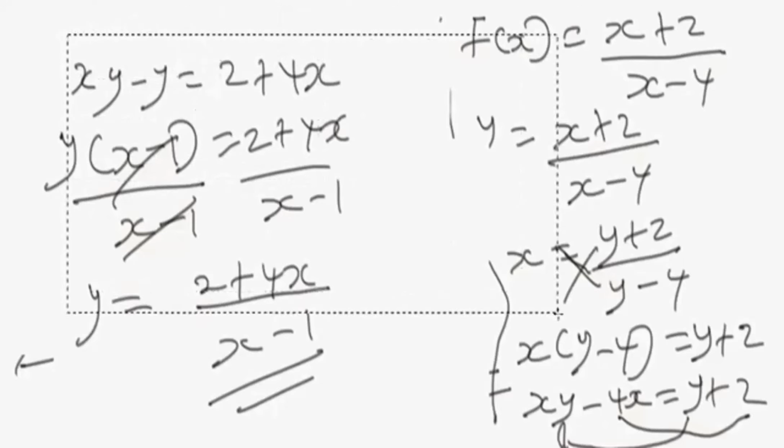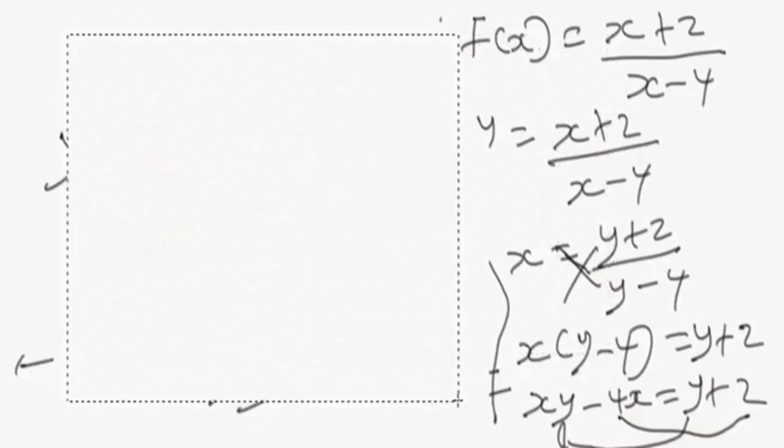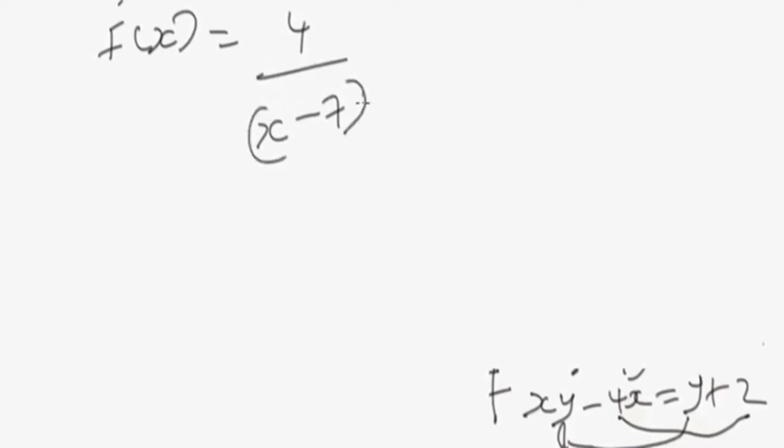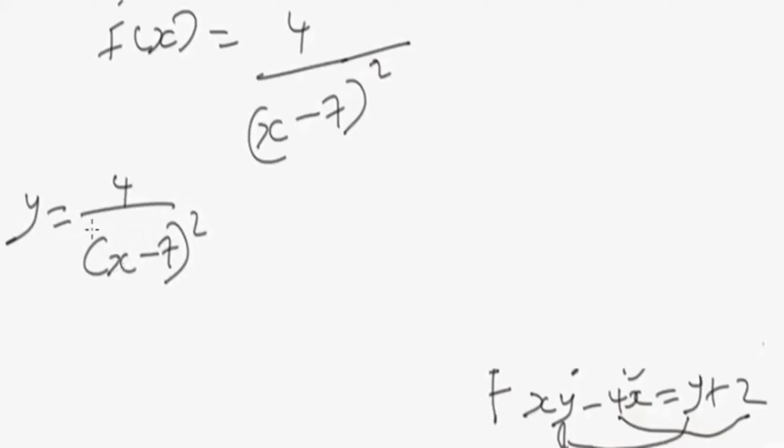So let's wipe this and solve another problem. Let's say we are given this function f of x equals 4 over x minus 7 all squared. How do you solve this problem? As usual, replace f of x with y. We're going to have y equals 4 over bracket x minus 7 squared. Once you do this, interchange x with y.